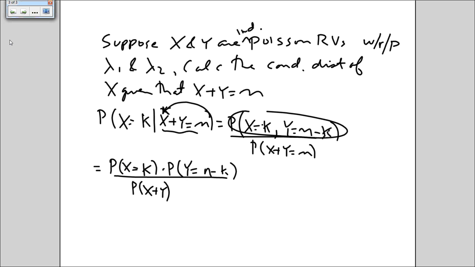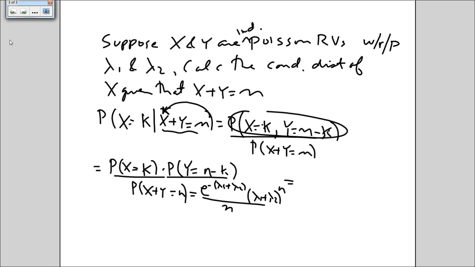Keep in mind that the denominator we've already done: it's e to the negative (lambda 1 plus lambda 2), times (lambda 1 plus lambda 2) to the nth power, all over n factorial.